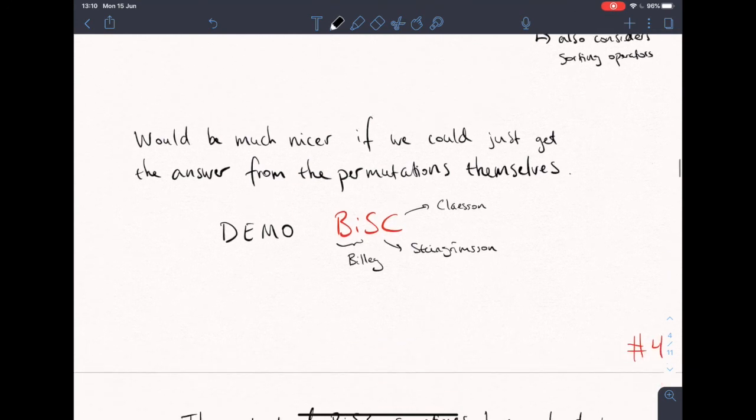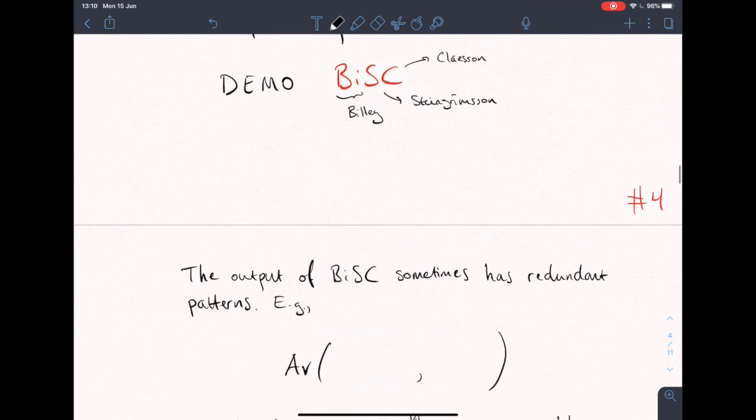Now, the Bisq algorithm sometimes has redundancy in the outputted patterns. And I'll simplify the issue slightly by imagining how silly it would be if the output of Bisq would be something like this.